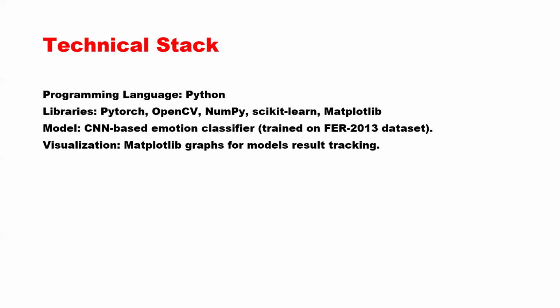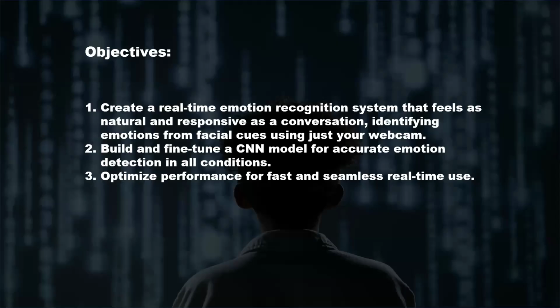Just wait for a moment here. Come back to this slide. In the objectives, this real-time emotion recognition system is developed through a CNN model, right? Yes, sir, CNN. So I think, sir, build and fine-tune a CNN model will be different. Why are you thinking that?